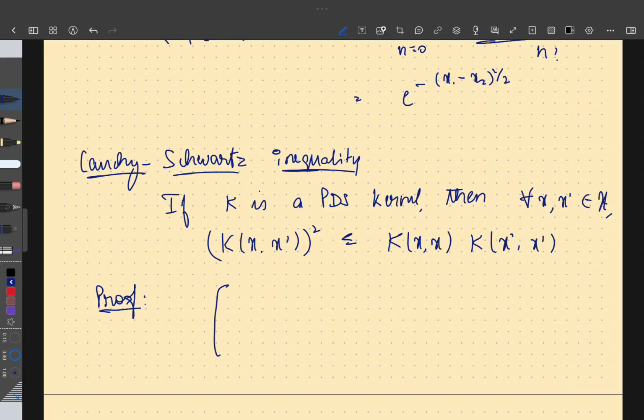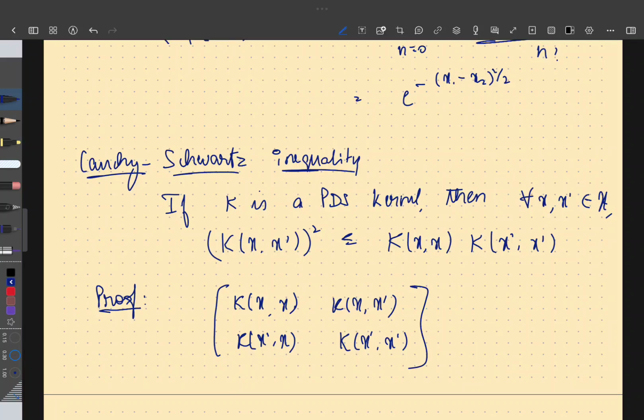So you take the Gram matrix for x, x prime. This is k(x, x), k(x, x prime), k(x prime, x), which is equal to k(x, x prime), and k(x prime, x prime).